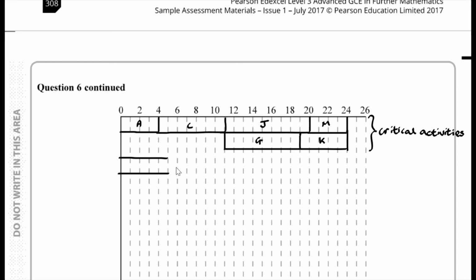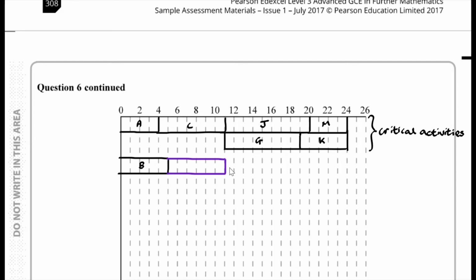And then you'd also find with B, we have slack as well of 6. So let's just add that slack of 6 in, which brings us up to 11. Okay? So this over here is the bit of slack we've got as well. Okay.